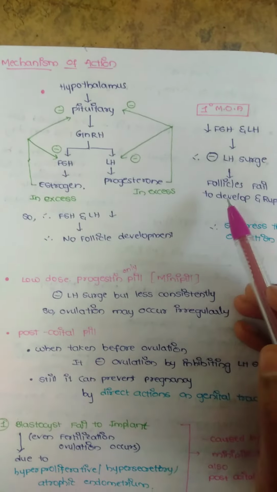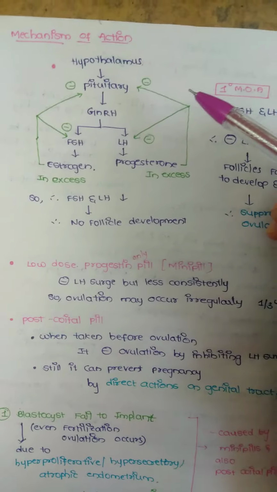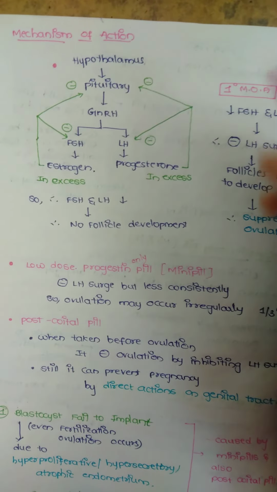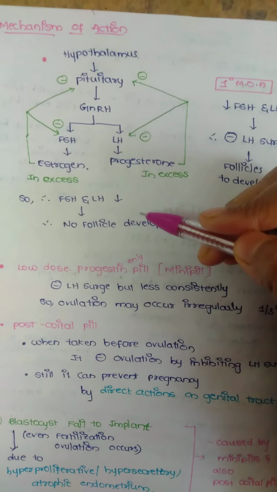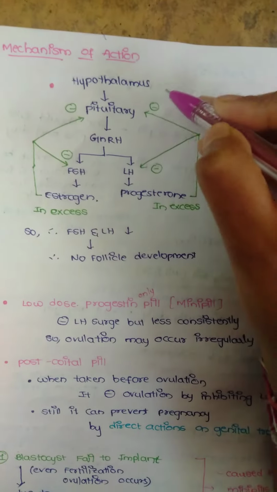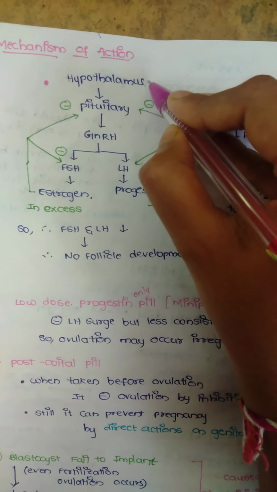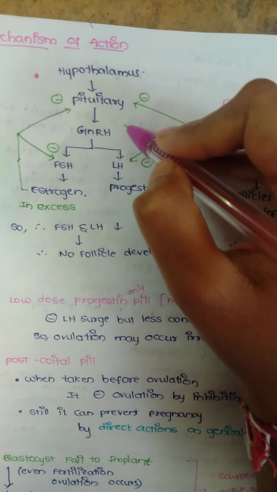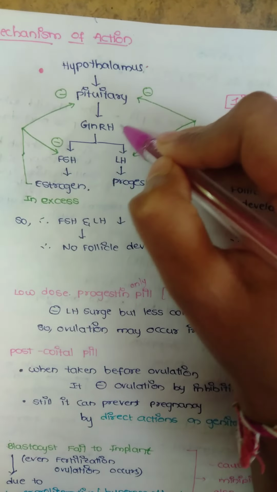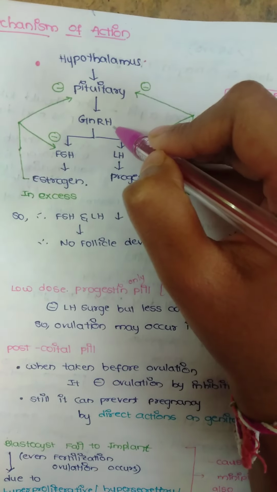Now the mechanism of action of oral contraceptives. First we have to discuss the normal process going on in our body. The hypothalamus induces the pituitary to release gonadotropin releasing hormone.